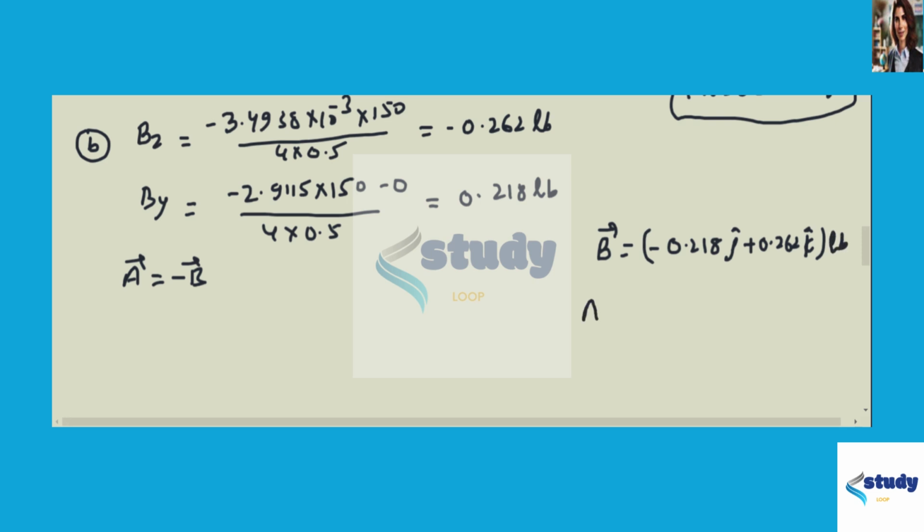So dynamic reaction at A will be 0.218 J cap minus 0.262 K cap. So this is the answer of B part of this problem.